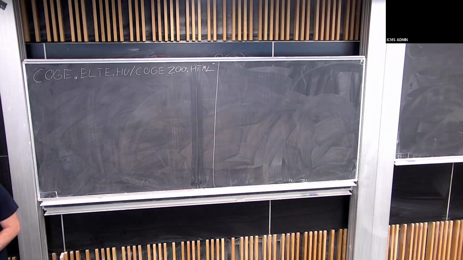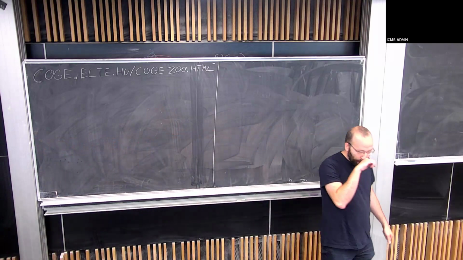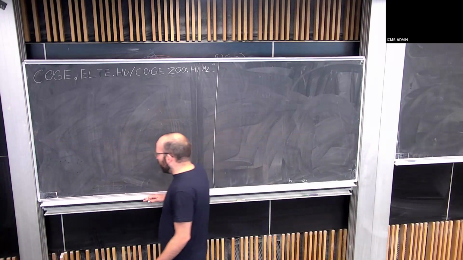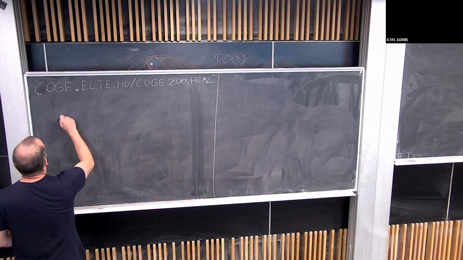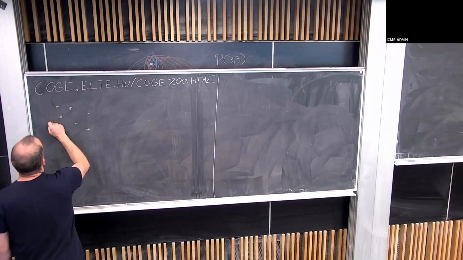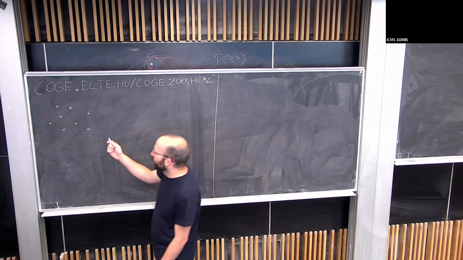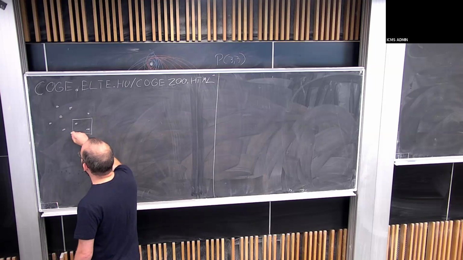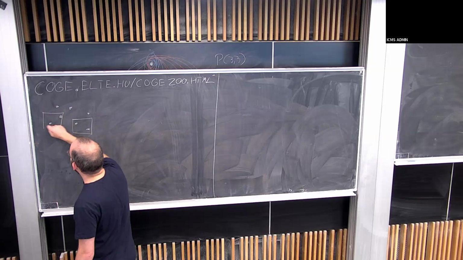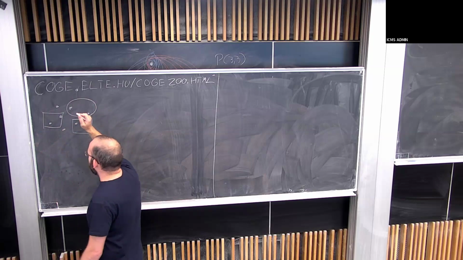Okay, so what are geometric hypergraphs? Let's start at the beginning. We have a set of points in the plane, and we have some objects. Take your favorite objects. So, for example, some squares, or some circles, discs, or whatever.